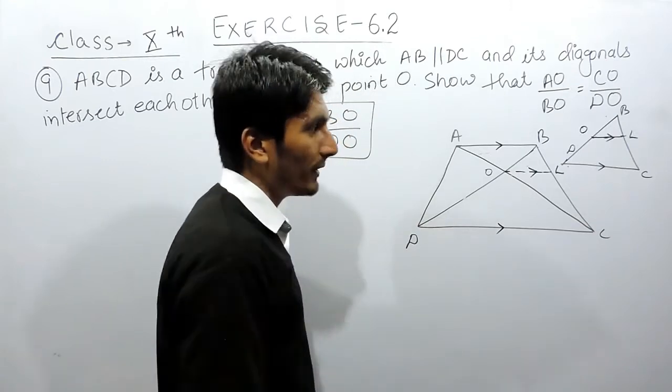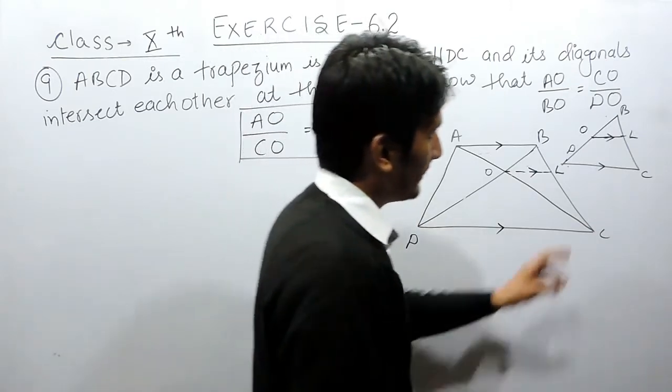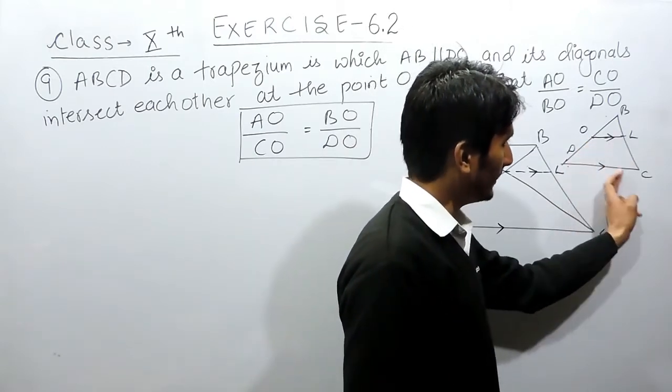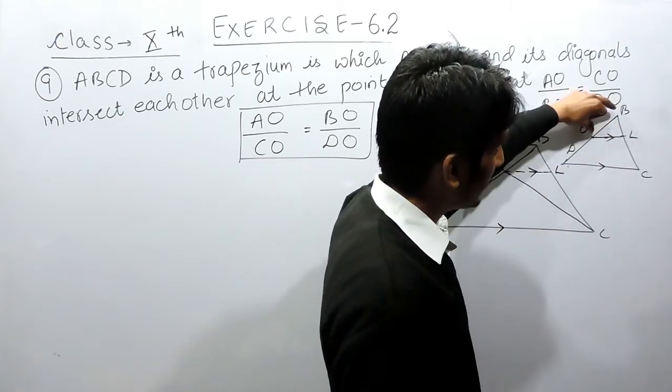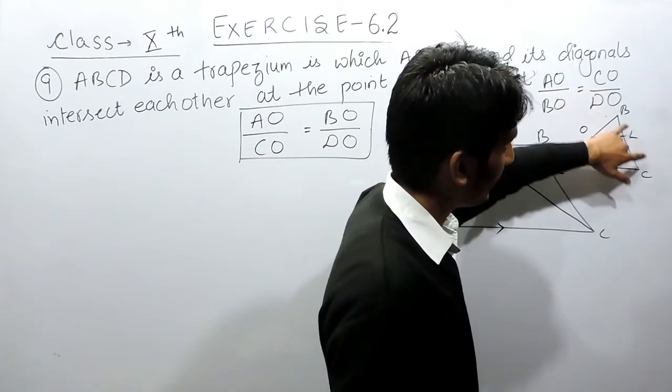And according to the basic proportionality theorem, if a line in a triangle is parallel to the third side, then it must divide the other two sides in equal ratios.